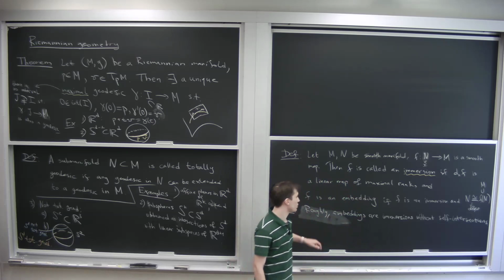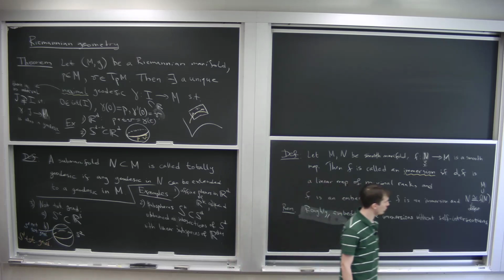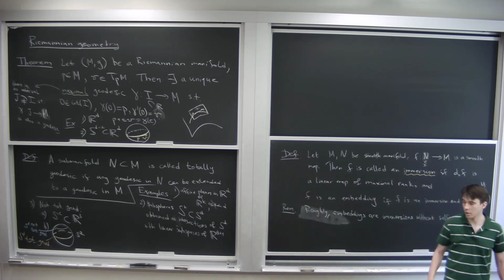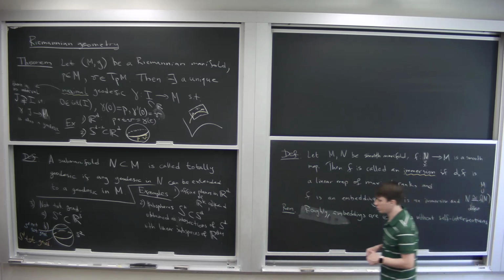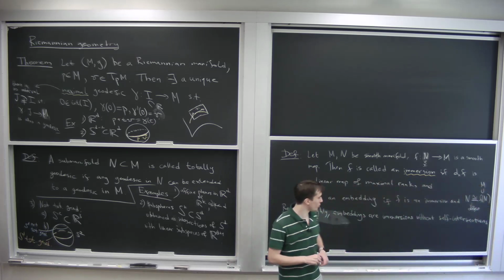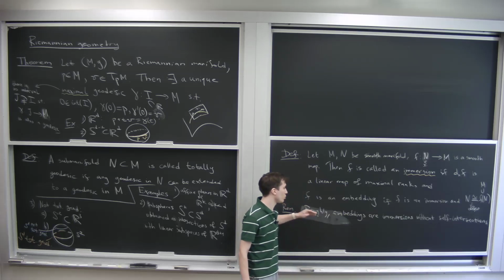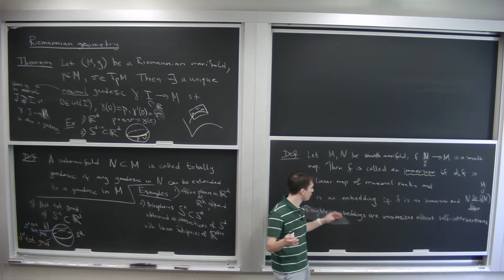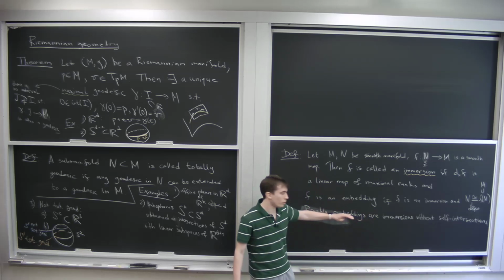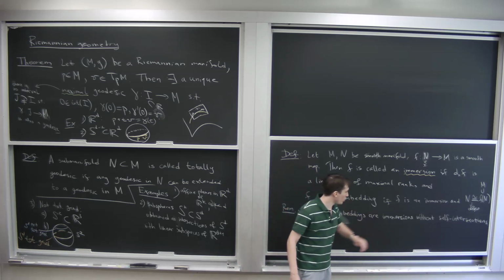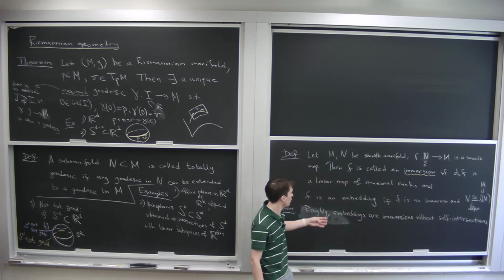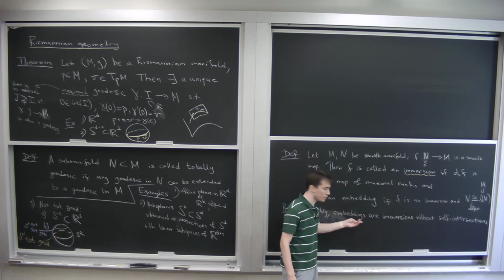That's bad. So probably it's okay. I will check, and maybe say something about this later. Right now, what is important is the intuition behind that: we do not want self-intersections if we are talking about embeddings.